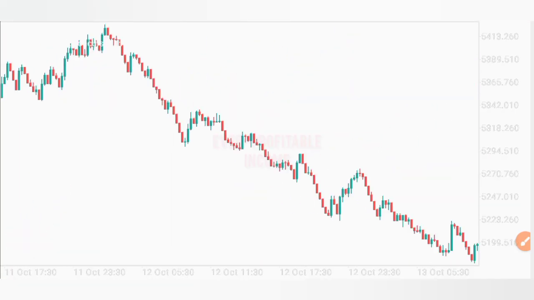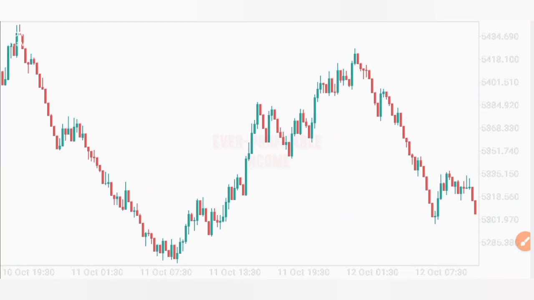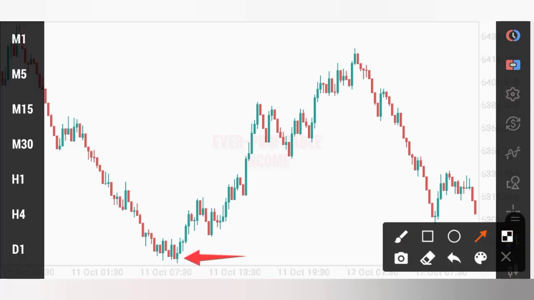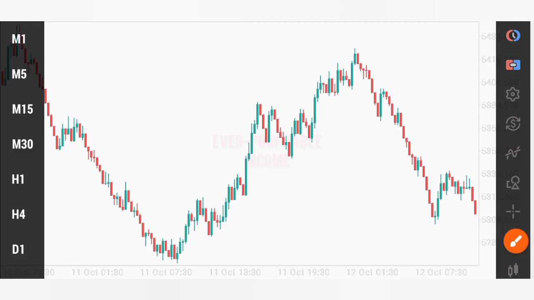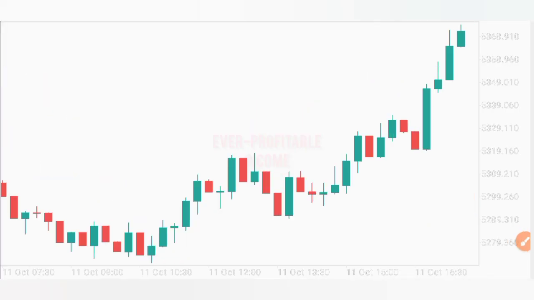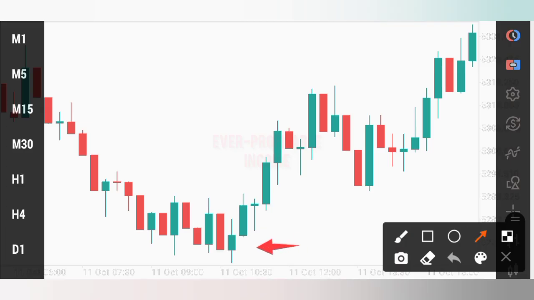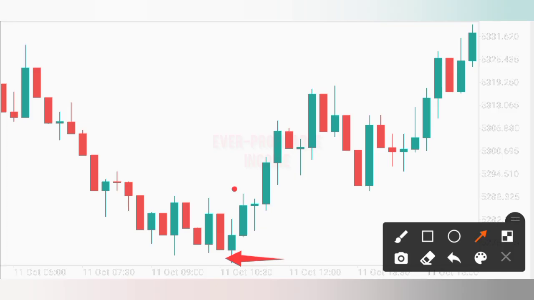So let's look at when these conditions were met on Boom and see what happened. Right here we have one of the conditions being met. Let me zoom in. Right here you can see that the bullish candlestick tried to make a new low, lower than the low of the previous candle, but then it failed because you can see rejection, the appearance of the wick.